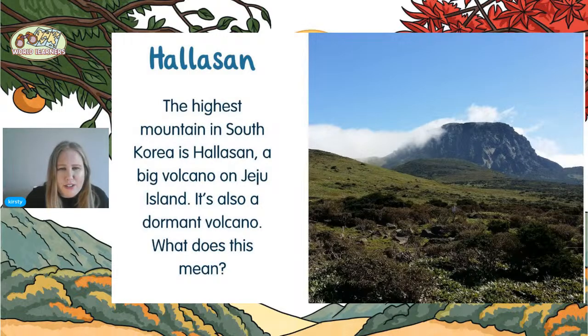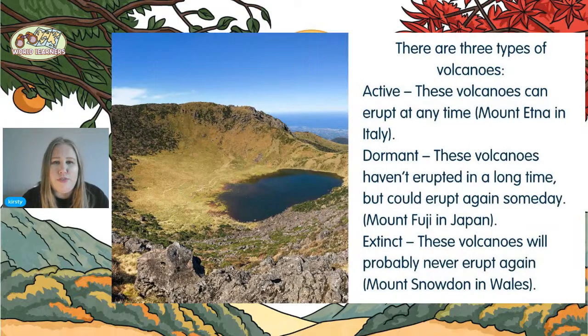So 3 different categories of volcano. We've got active volcanoes, which do erupt fairly regularly, but not every other weekend. And then we've got the dormant volcanoes, which are like they're sleeping. They haven't erupted for a long, long time. And then we've got extinct volcanoes as well. So 3 different types of volcanoes. Oh, and here they are, listed. So we've got active, Mount Etna, an example of an active volcano.